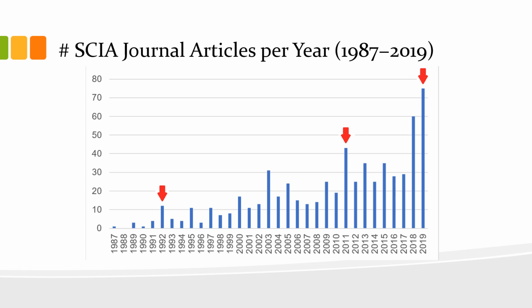This is a bar chart that illustrates the growth of the skin cancer image analysis domain based on the number of articles published between 1987 and 2019. These are only journal articles, and there's obviously an increasing trend. These red arrows indicate the special issues where the number of publications peaks.